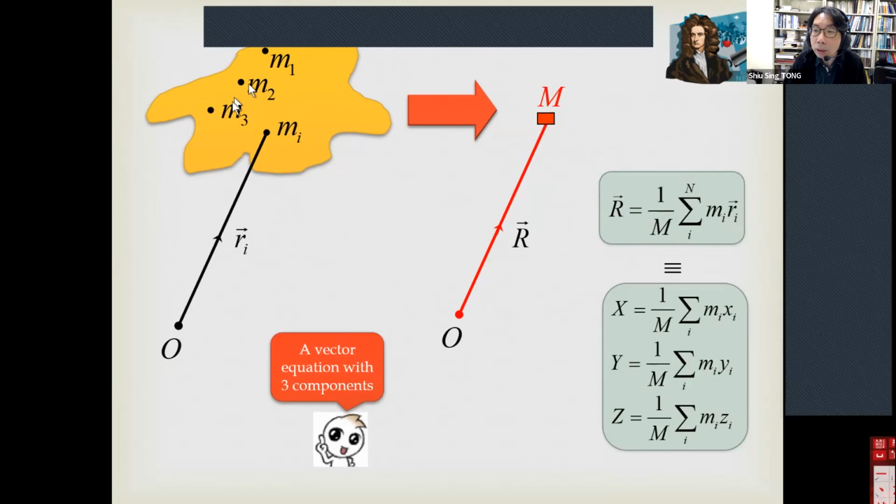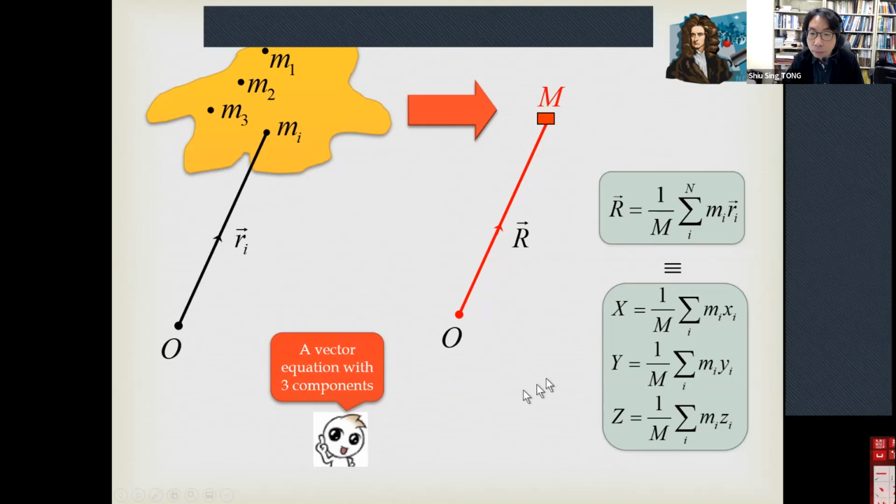And so the complicated motion of all these particles can be described by the position of the center of mass, which I call the big capital R. So that simplifies the problem a lot. Although we don't know how to describe the rotation yet, we are still able to describe the position of the center of mass.